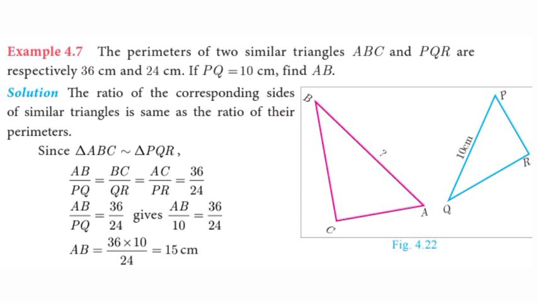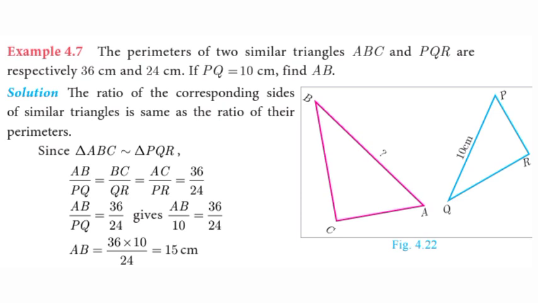Two 12s are 24, three 12s are 36. We cancel 12. Then two 2s are 4... one 2 is 2, five 2s are 10, 5 into 3, we get the answer 15 centimeter. Therefore, the side AB equals 15 centimeter.